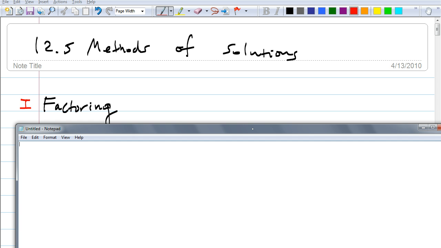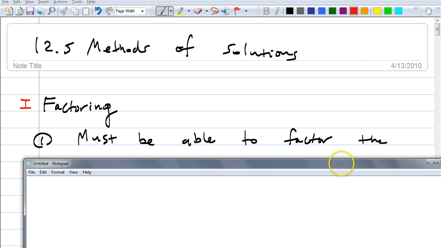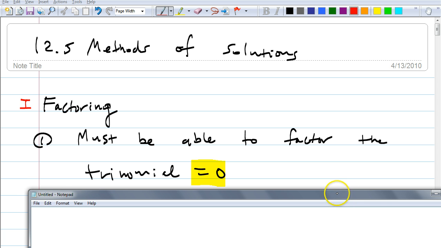Equals 2? First of all, on the right side, it has to equal what first? If you're going to factor, it has to equal 0. So you must be able to factor the trinomial that equals 0. If you know how to factor a trinomial that equals 0, if you have that form.